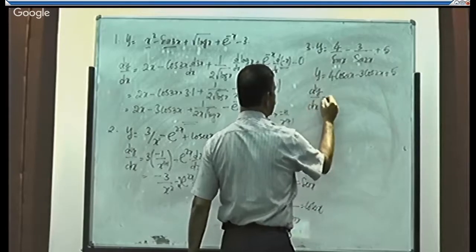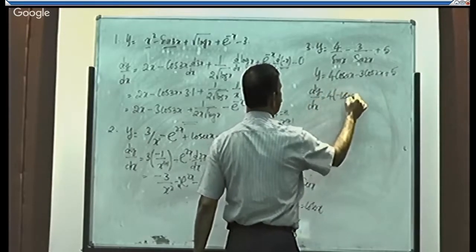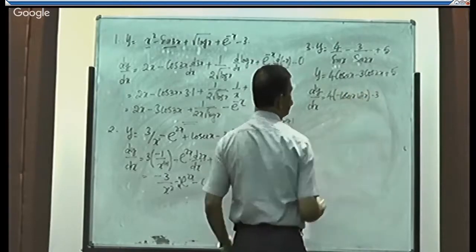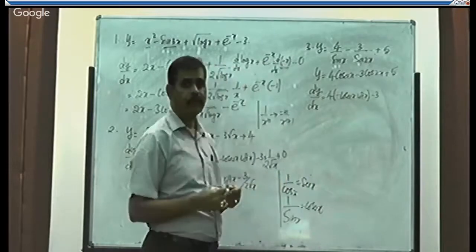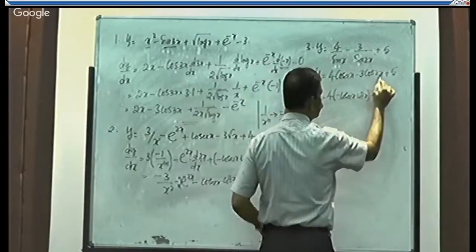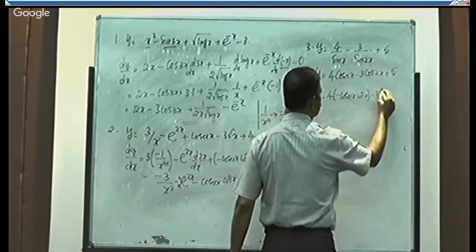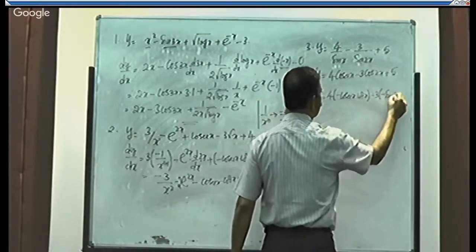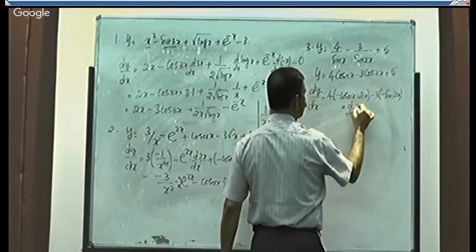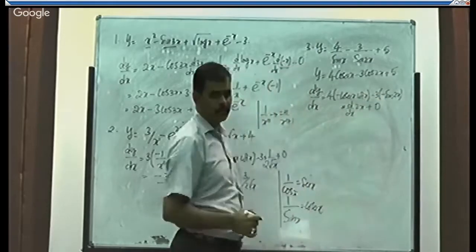dy by dx is 4 into differentiation of cosecant x, which is minus cosecant x into cot x, minus 3 into the derivative of the cos function, with 2x as the function. Therefore, it is treated as minus 3 into minus sin 2x into d by dx of 2x, plus differentiation of 5, a constant, which is 0.